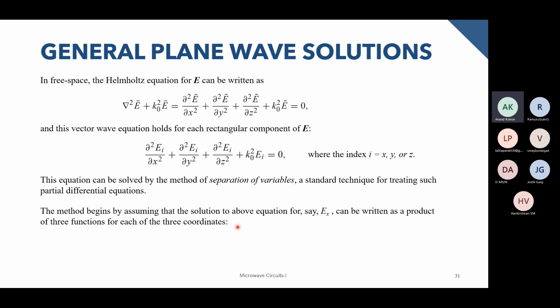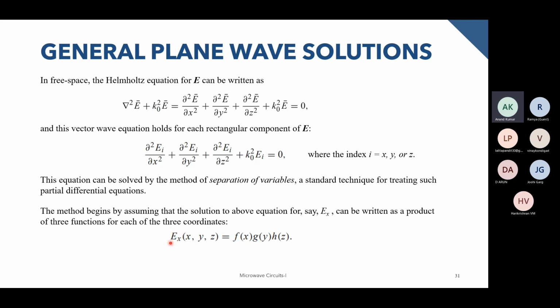So it begins by assuming that the solution for each of the fields, for example, if you're solving this equation for the electric field in the x direction, so this term will be replaced by Ex, and we assume that the solution can be given in terms of three separate functions multiplied together.